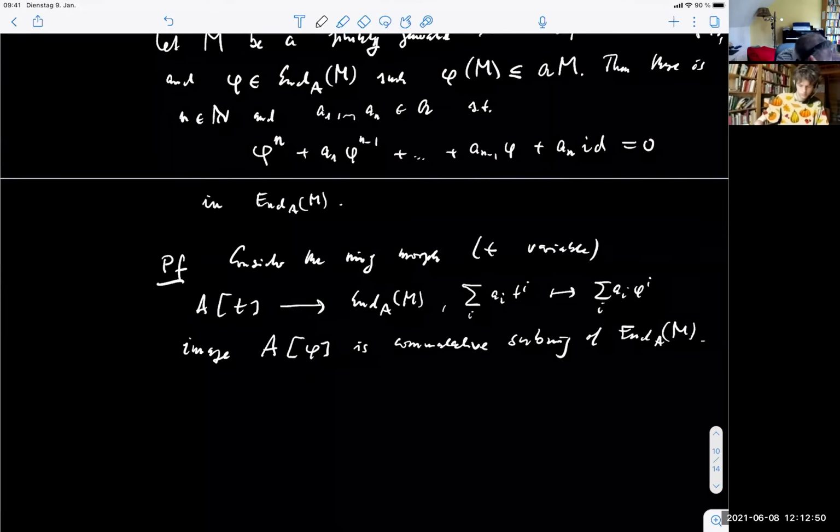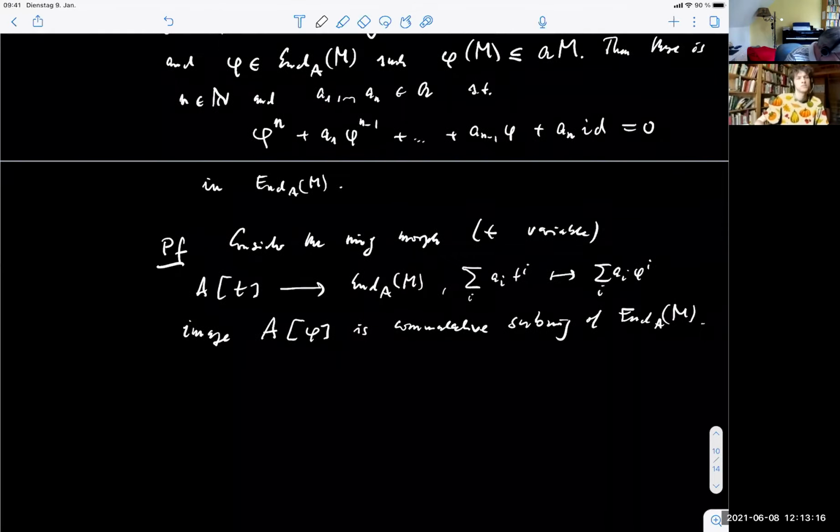So now I'm going to set up. In linear algebra, when you define the characteristic polynomial, you have a variable t times the identity minus the endomorphism, and from that matrix you take the determinant. Now what I'm doing is essentially that, just a little bit careful because we are not over a field.